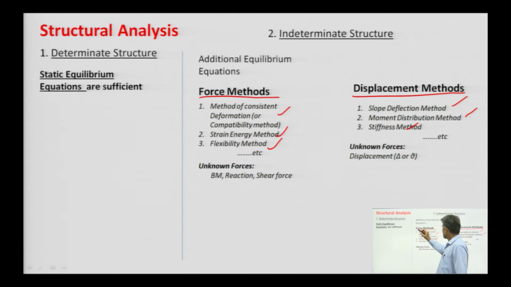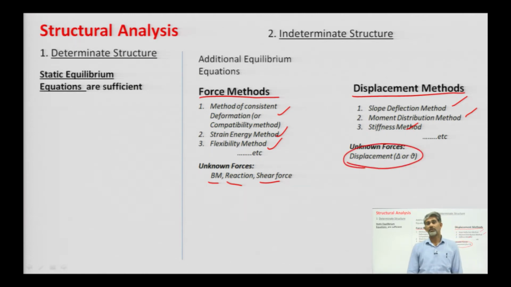Unknown forces, in the case of the force method, can be bending moment, reaction, or shear force. Force will be the unknown, but in the case of displacement, the unknown is the displacement. First we need to calculate the displacement, then we calculate the value of the bending moment.